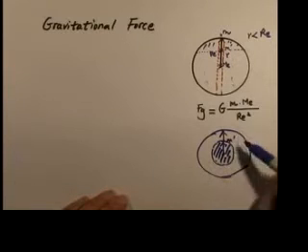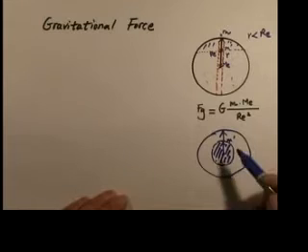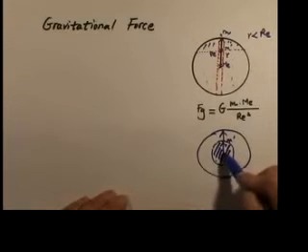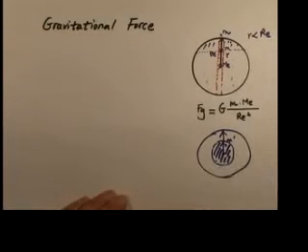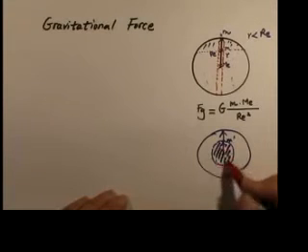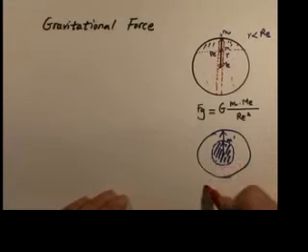So m prime is outside of this core, and the mass of the core we can still consider concentrated at the center. Now since this is a symmetrical distribution, we can find the mass of this core. Let's name it M_E prime because this is a new one. It should be per volume.